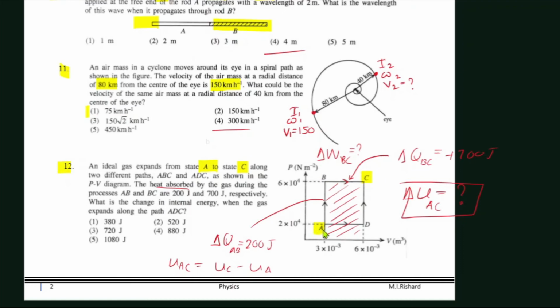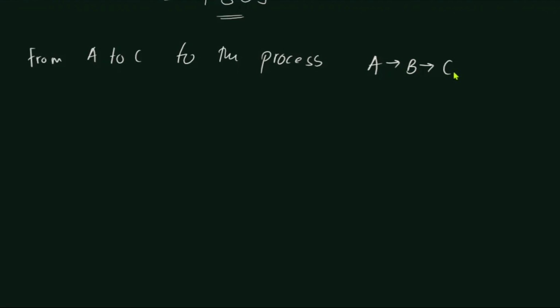Now what I'm going to do is apply the first law of thermodynamics from A to C, along the process A, B, C. So what is the first law of thermodynamics?